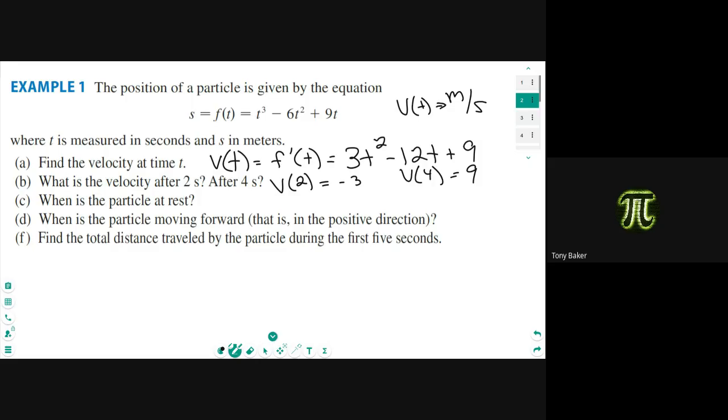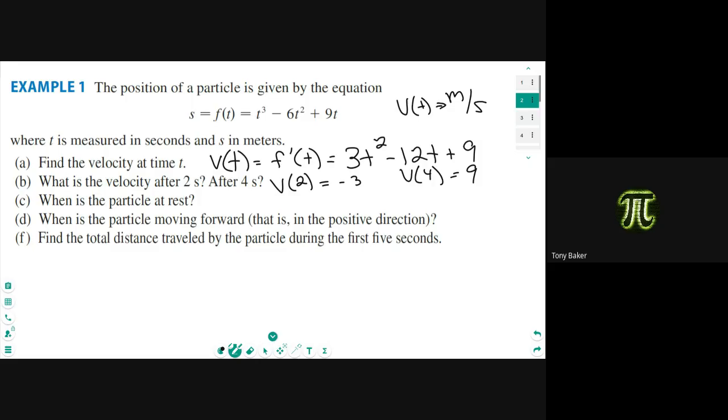We go from a negative to a positive. Correct. Remember the intermediate value theorem? If we're going from negative to positive, at some point it's got to cross, since this is a continuous function, it's got to cross through all those values. So at some point between 2 and 4, it's got to be 0.